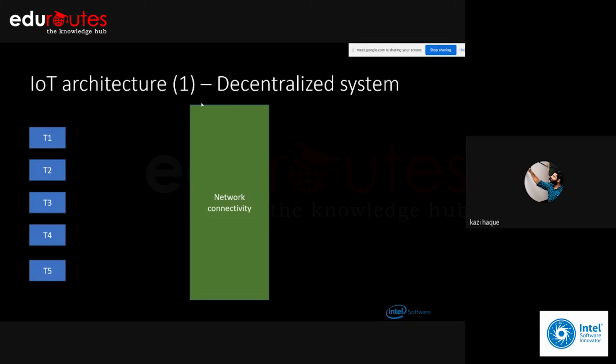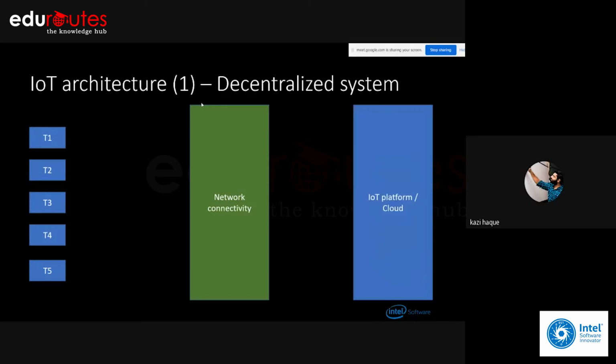If you are trying to control it from across the globe, you need to connect to a network. You can also create an intra network within your home using your own router and connect all these devices through your own network only. Any which way you need network connectivity, and this network connectivity should touch upon an IoT platform, or we call it a cloud, or an application layer.